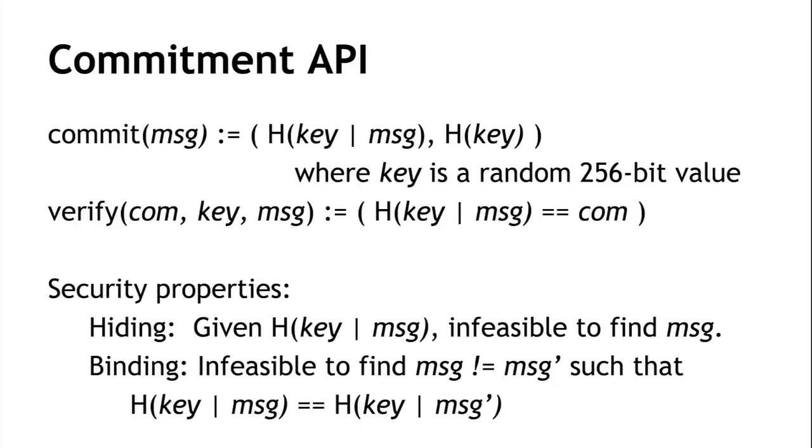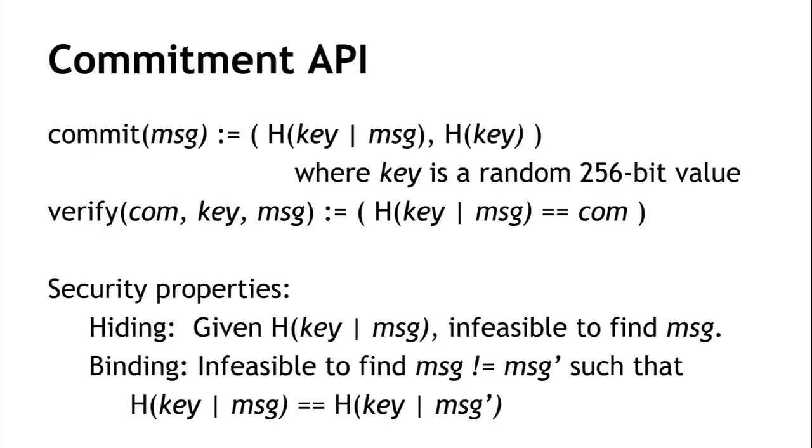So this is exactly the hiding property. And this one down here turns out to be exactly the collision-free property. If someone can find two messages which have the same hash like this, well, then they have an input value here and an input value there that are different, and yet those have the same hash. And so because of the two security properties we've talked about for hashes so far, this commitment scheme will work in the sense that it will have the necessary security properties.